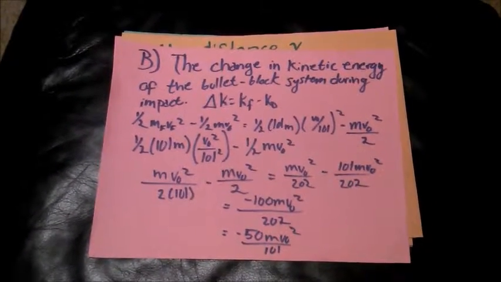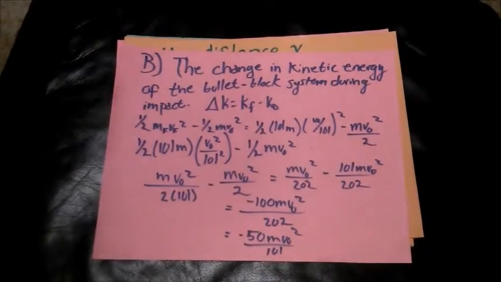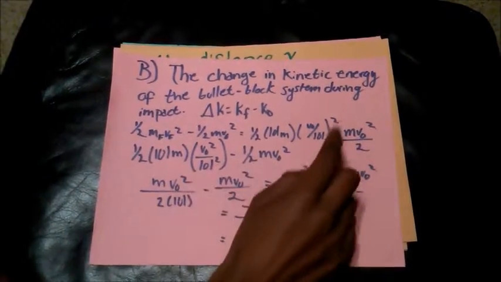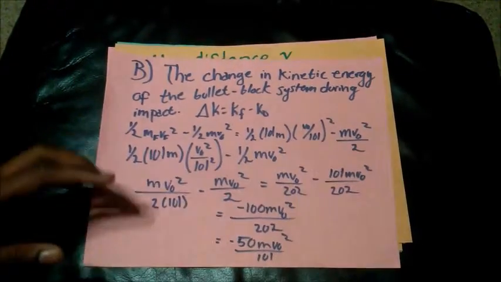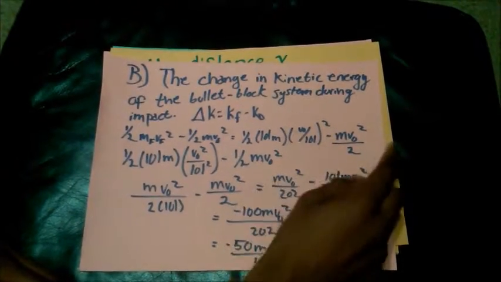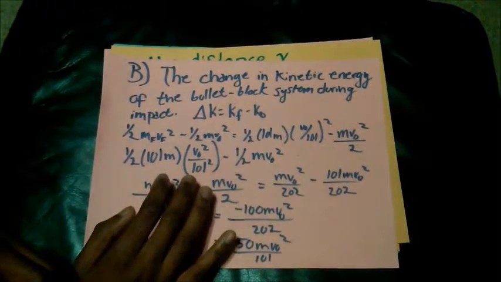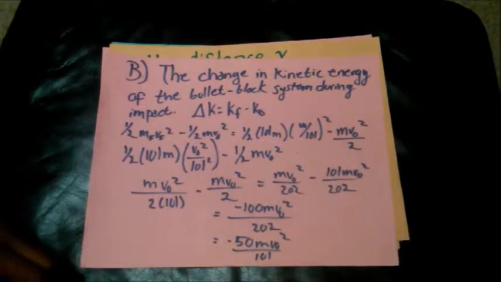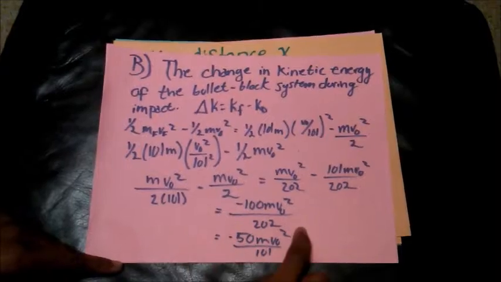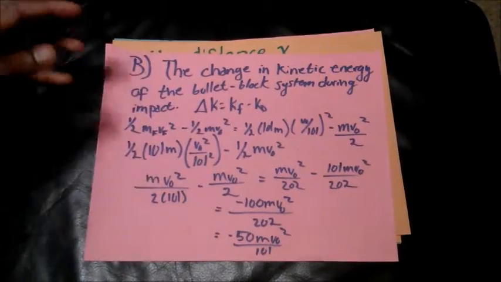By plugging in the variables, we plug in the final mass, which is 101 m for mf, the final velocity, which is v naught over 101 squared, and we subtract it from 1/2 m v naught squared. Then we further break it down through basic algebraic expressions, and we are left with this equation. We simplify it by dividing both sides by 2.